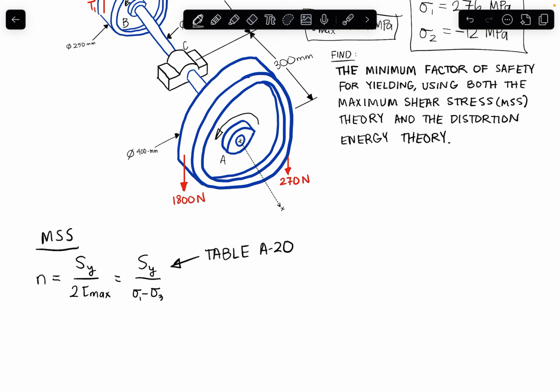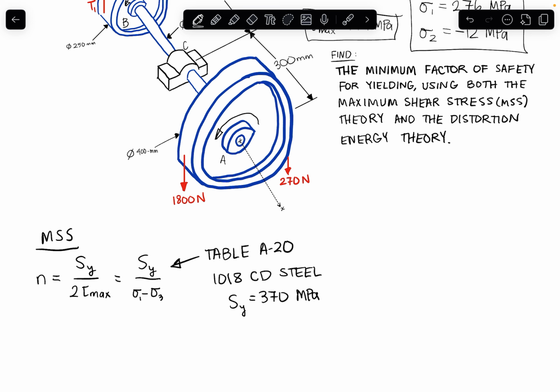And this problem tells us that the material is 1018 cold drawn steel. So if we go to table A-20 and we look for the SAE number 1018, and we look for the cold drawn properties, then the table will tell us that the yield strength of that material is 370 megapascals. Okay, so that's the first part of what we need to plug into these equations.